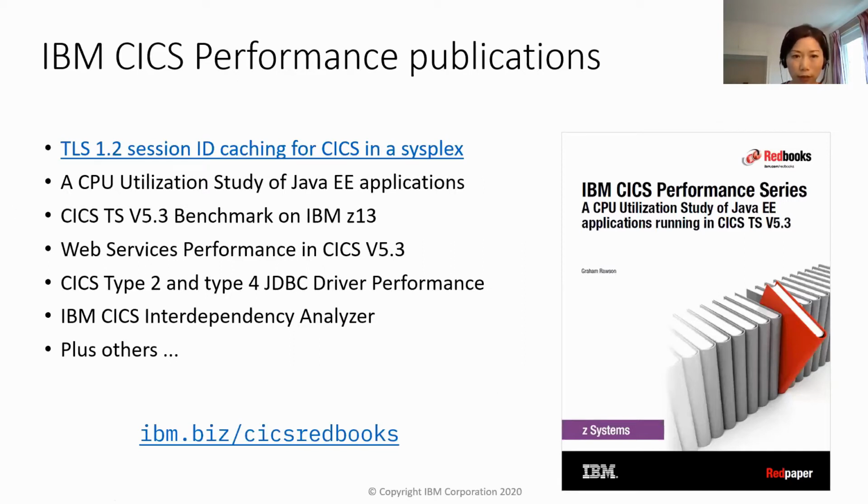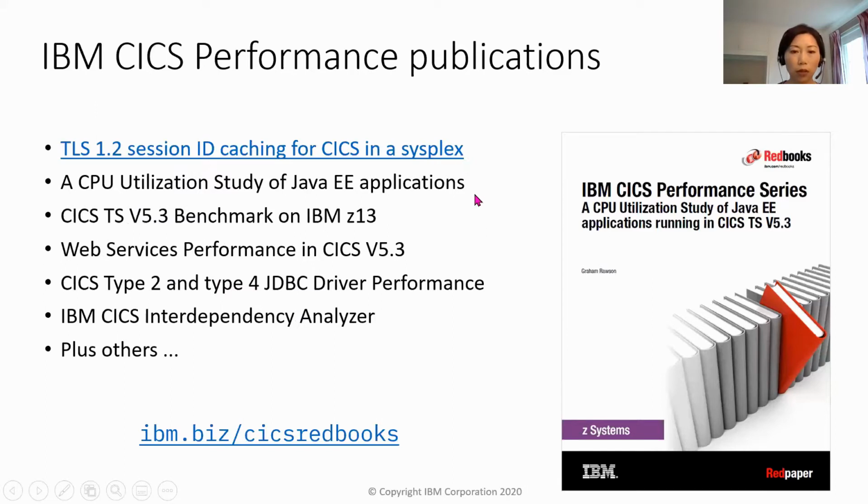Also, we have some dedicated publications on certain features. For example, the CPU utilization of Java and EE applications, the web service performance report, and the JDBC driver, etc. Then the latest one I'd like to point out is called TLS 1.2 session ID caching for CICS in a Sysplex.